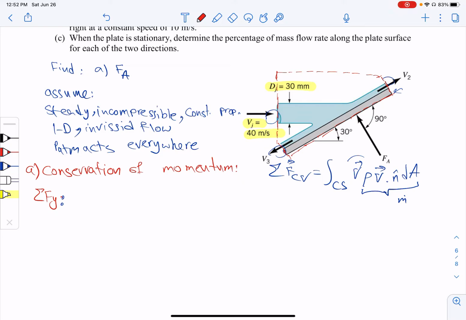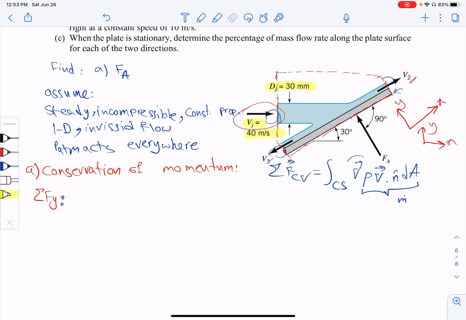Now we also need to consider the direction. If I consider the x, y direction as it is, then for the direction of velocity I need to multiply by cosine or sine of theta. To ignore that, I'm going to assume the xy direction is in the direction of the velocity, because I have two velocities in this direction and only one velocity if I just consider the xy direction.